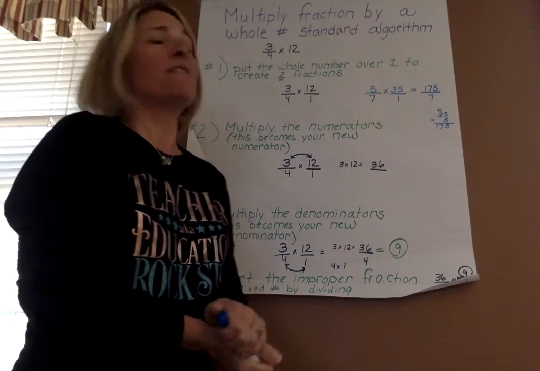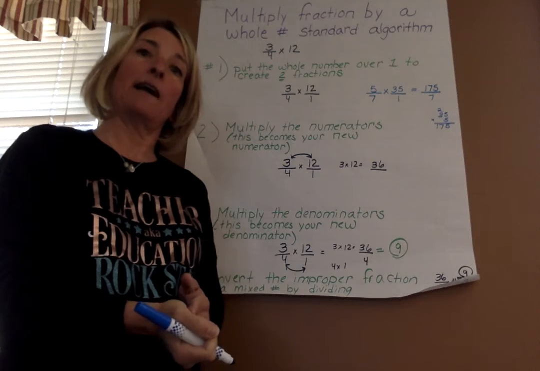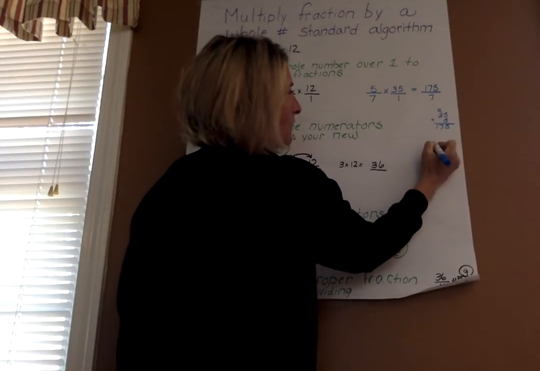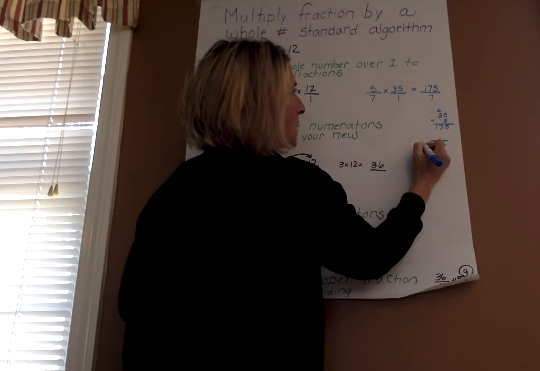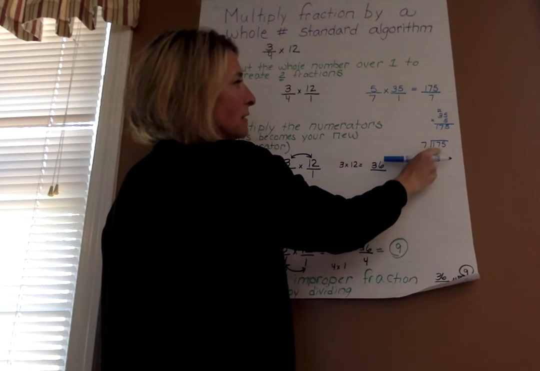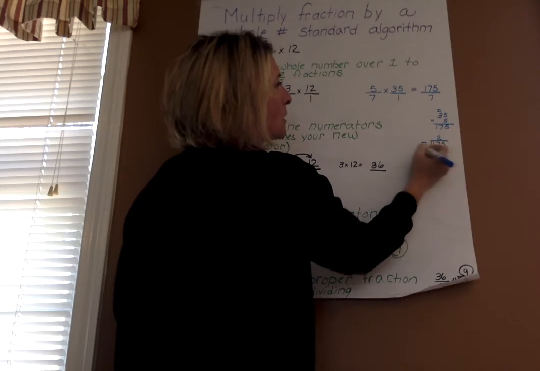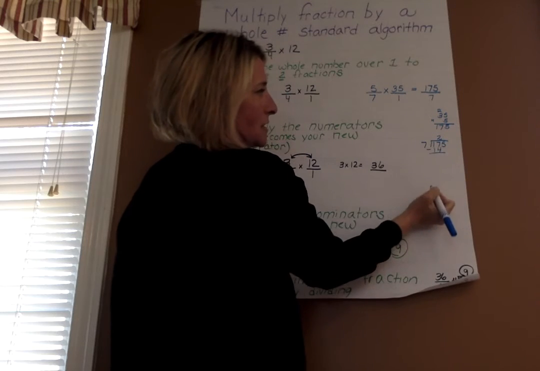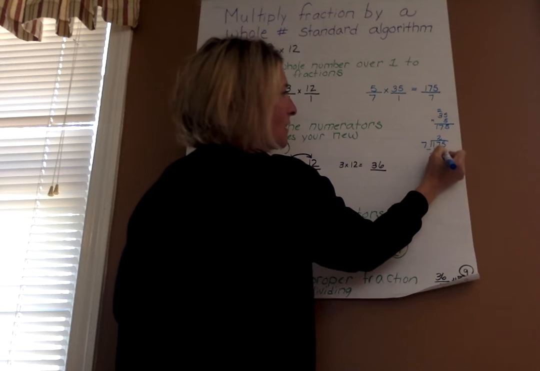So 175 over 7 is an improper fraction, so I have to fix it. I have to do a division problem. So I don't know what 175 divided by 7 is, so I'm going to do it on the side. So 7 goes into 17 2 times. 2 times 7 is 14. 17 minus 14 is 3. 3 is smaller than my 7.